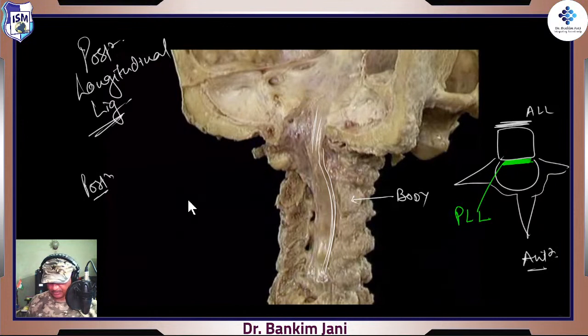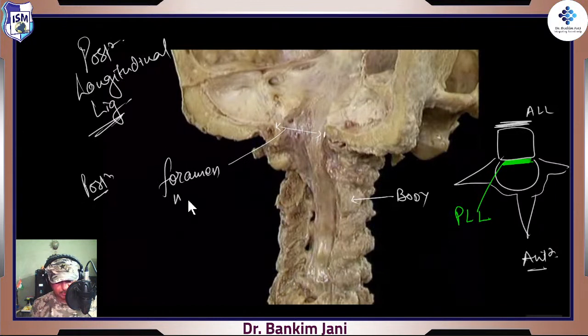Okay. Before that, let's orient again properly. See the same structures. What was this opening? Well, it has to be the foramen magnum because we are going right into the sagittal section. So this is our foramen magnum.